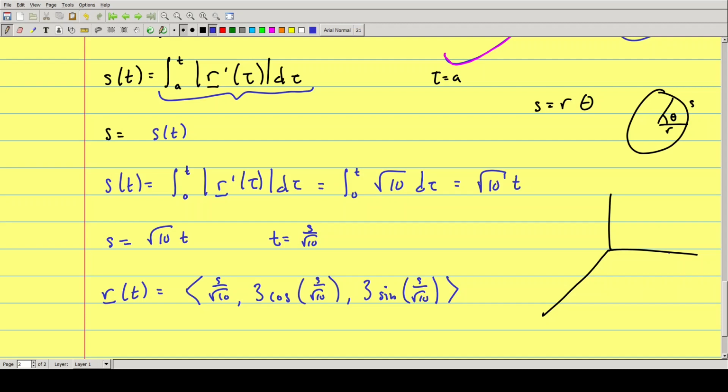It's a helix coming towards us. And parameterizing it in terms of arc length means that s increases at a one-to-one rate as my pen was moving, drawing the curve.